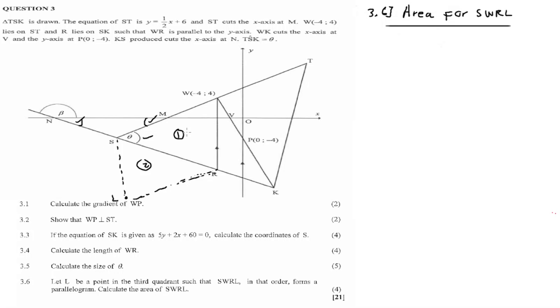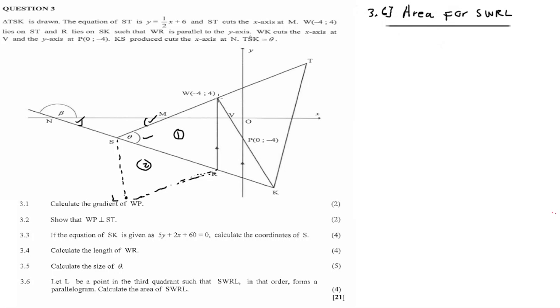Okay, look now. I want the area for either of these two triangles. Since I don't have much information for this newly formed triangle, I will use this triangle number 1 to find the area for this parallelogram. So what I'm going to do is use the area rule. Area rule: I need an angle and the two adjacent sides.